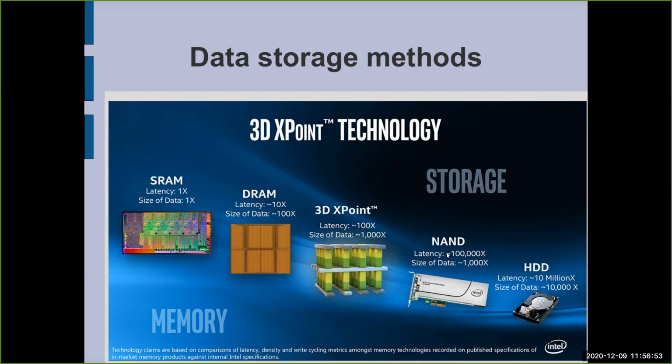For a solid state drive, so for a NAND drive, the size is even 10 times bigger compared to RAM. Let's say the average size is 500 gigabytes up to 2 terabytes for a solid state drive.